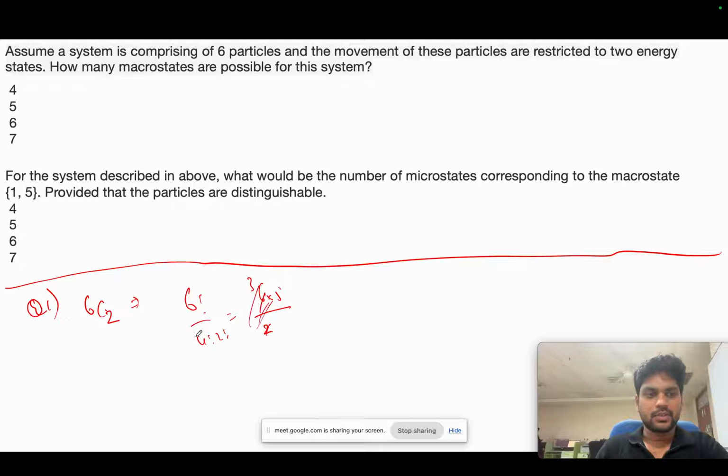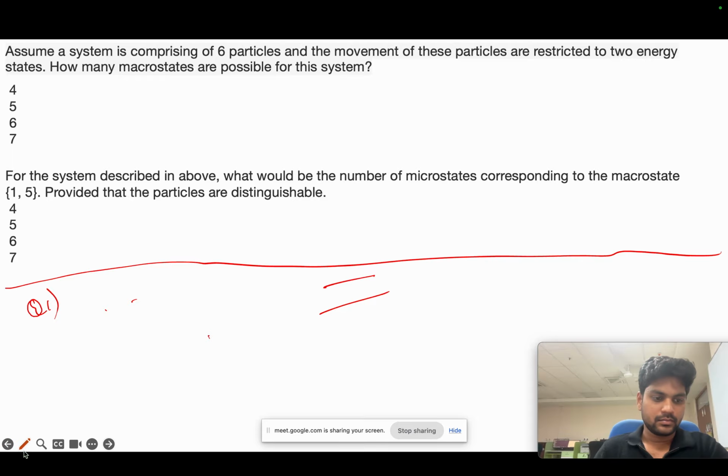Can you give me the answer for the first question? So the combination formula will work for the microstates, okay? For the macrostates, in the question they ask for the microstates, right? So there are 6 particles. There should be restricted 2 energies.